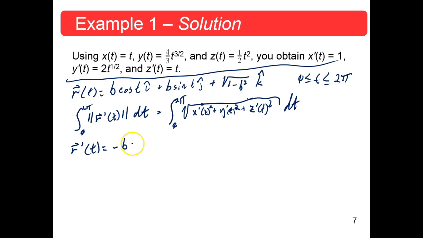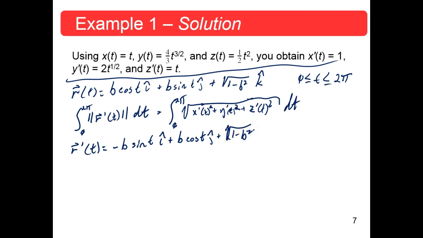sine t i plus b cosine t j, plus the square root of 1 minus b squared.